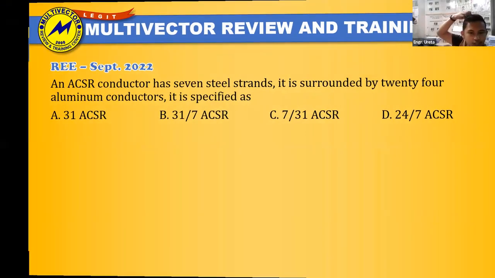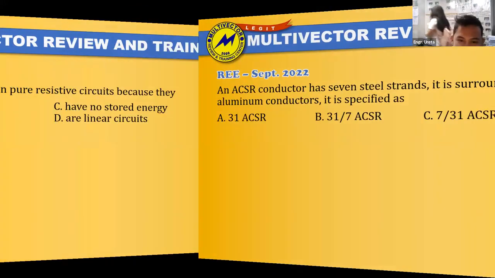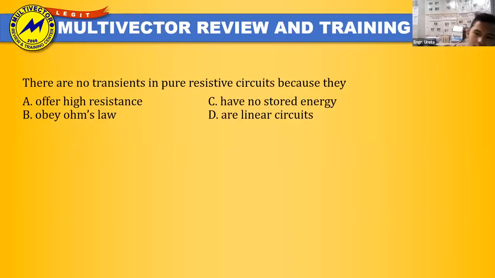Problem 26. There is no transient in a pure resistive circuit because blank. Remember, we only get a transient response when we have either or both L and C components, and L and C are components that can store energy.